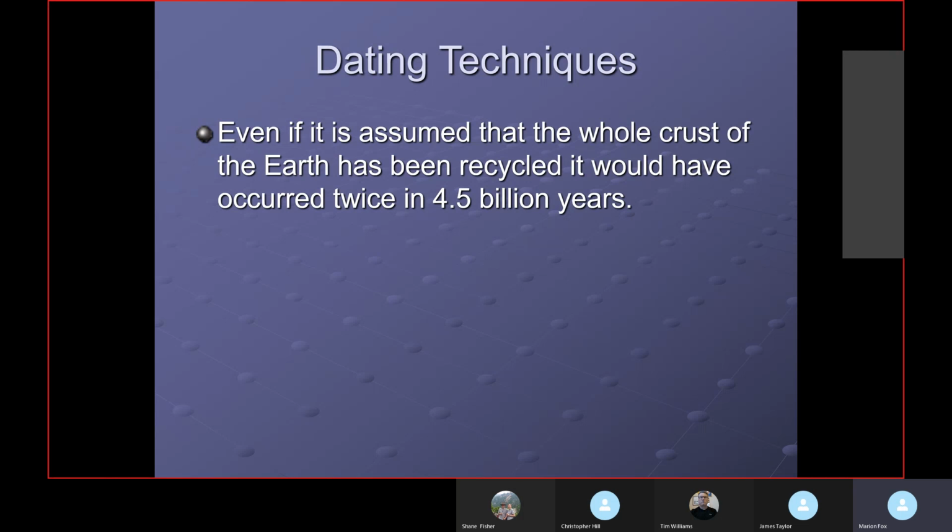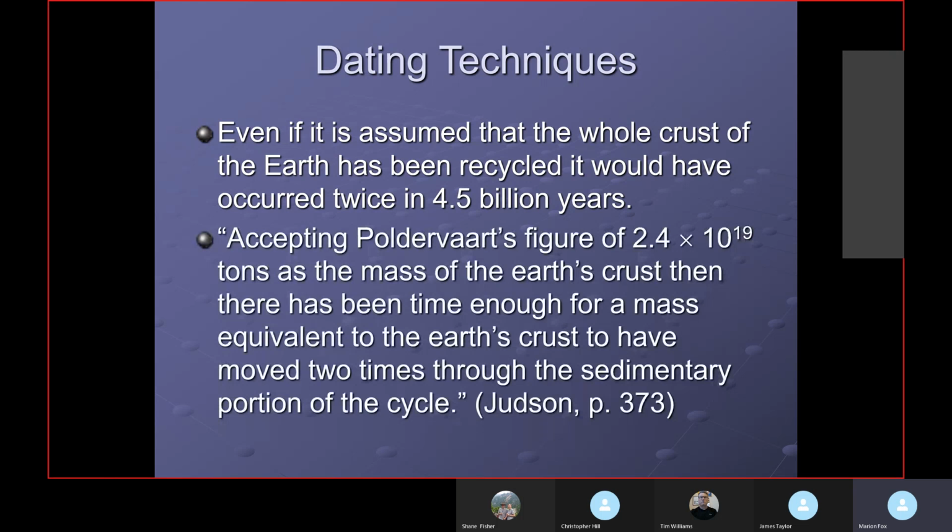Even if it's assumed that the whole crust of the Earth has been recycled, it would have occurred twice in 4.5 billion years. We shouldn't find any rocks older than about 2.25 billion years old. The whole crust of the Earth would have been recycled. Accepting Poldervaart's figure of 2.4 times 10 to the 19th tons as the mass of the Earth's crust, and there has been time enough for a mass equivalent to the Earth's crust to have moved 2 times through the sedimentary portion of the cycle, Judson tells us.